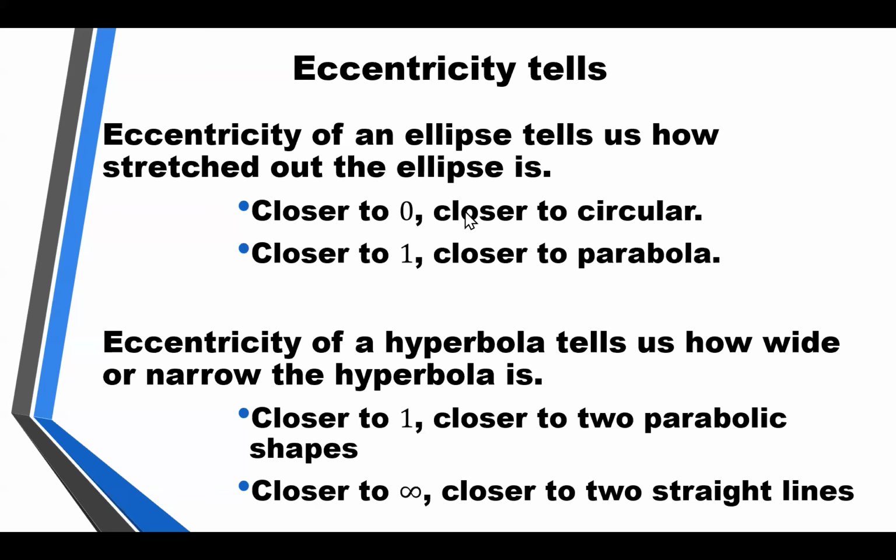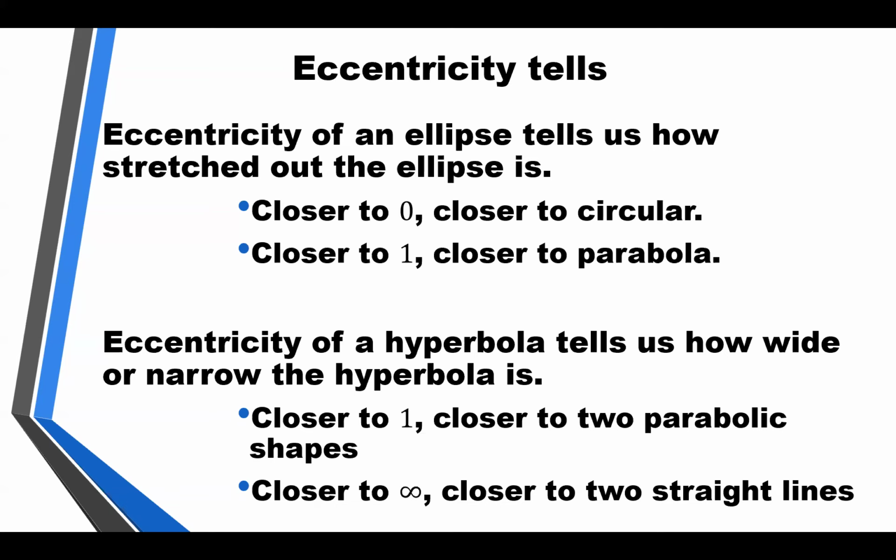So that's what the eccentricity tells us. When we're talking about the eccentricity of an ellipse, closer to 0 is closer to that perfect circle. Closer to 1 is closer to a parabola, so a stretched out version of the ellipse.